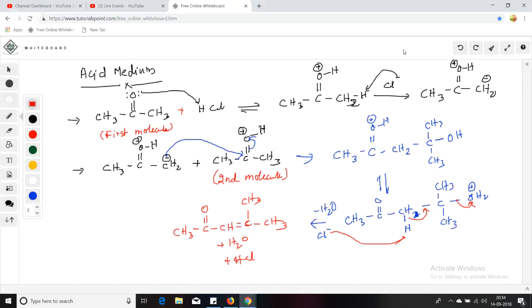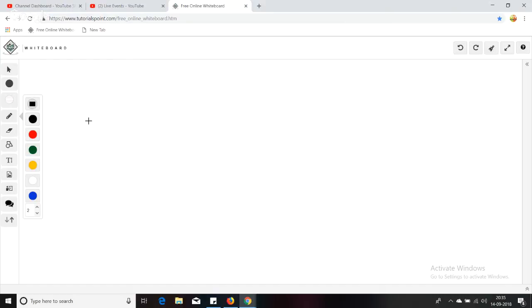Now you see, how do we write the product in one single step? Mechanism I have explained to you. Now suppose you have the same example I am taking so that you can understand easily: CH3 C double bond O CH3 plus one more molecule O double bond C CH3 CH3, and this reaction takes place in H plus. So from this carbon, you take H2 out, and this oxygen forms H2O.